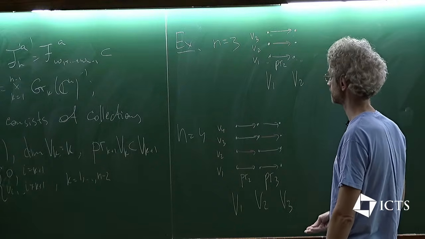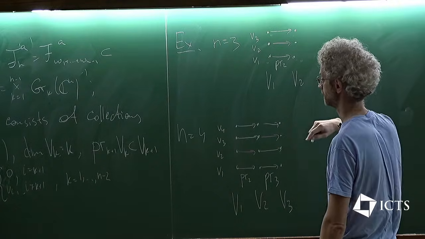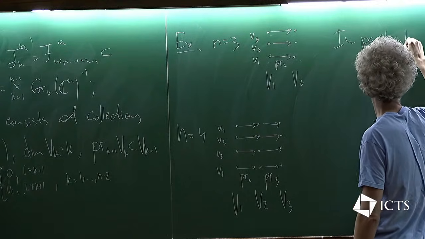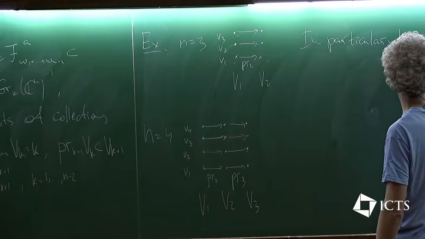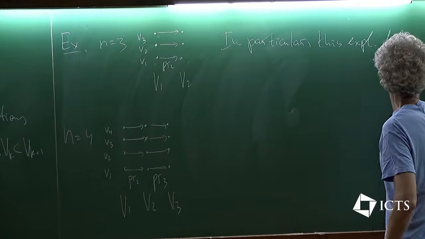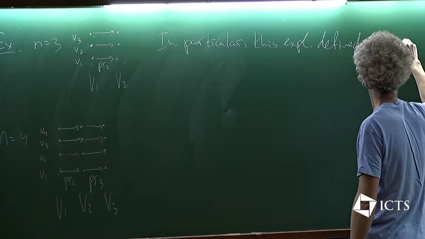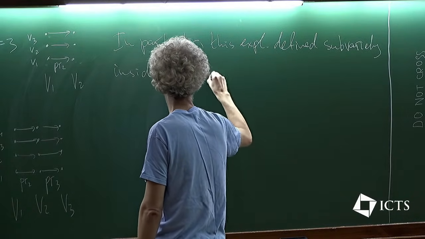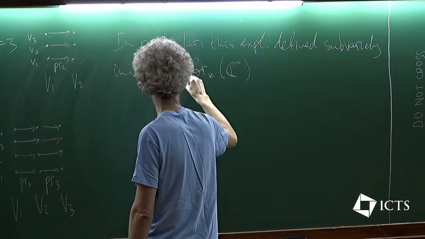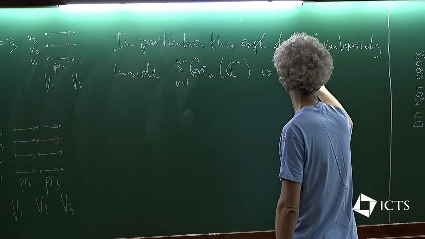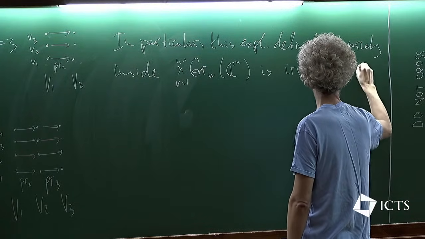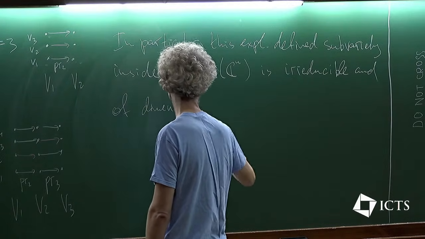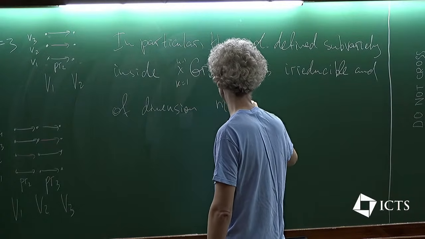Okay, so in particular, the theorem implies that this explicitly defined subvariety inside the product of Grassmannians, k from 1 to n−1, is irreducible and of dimension n(n−1)/2.